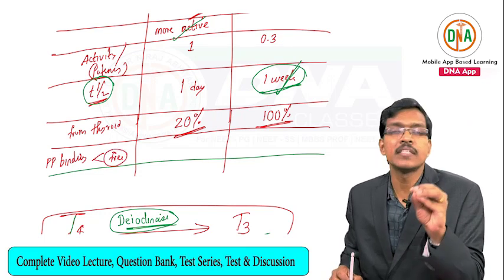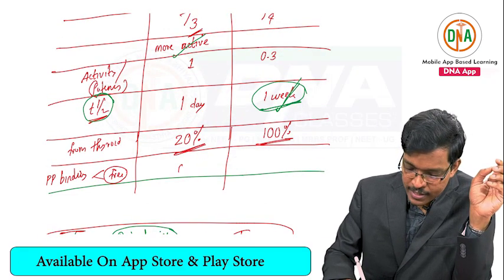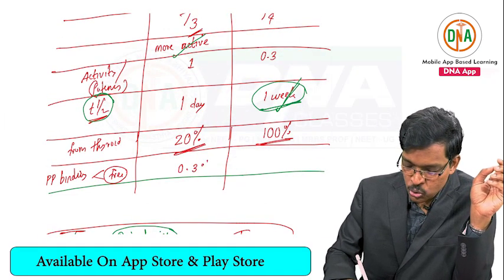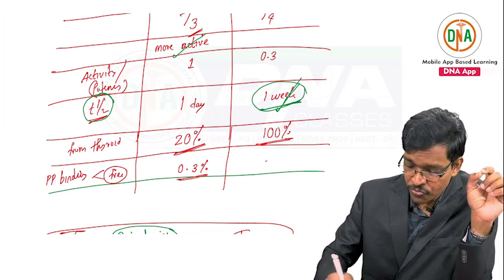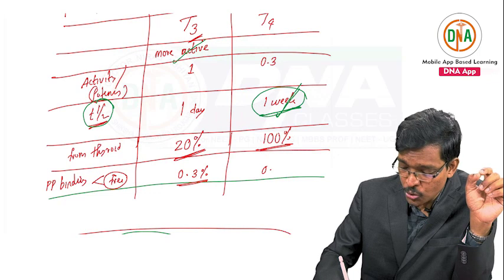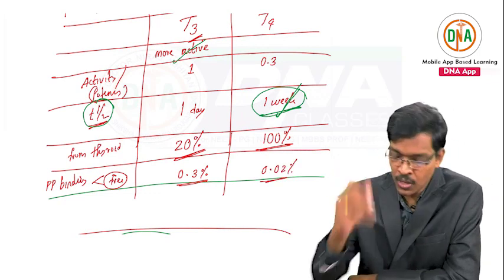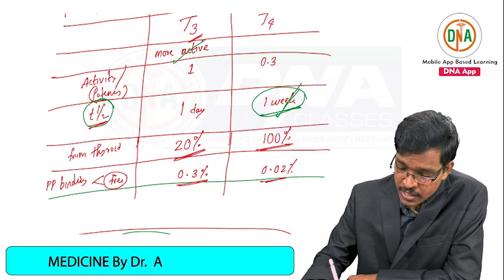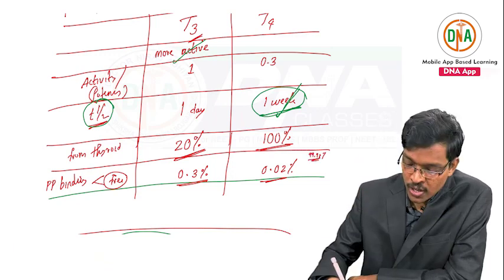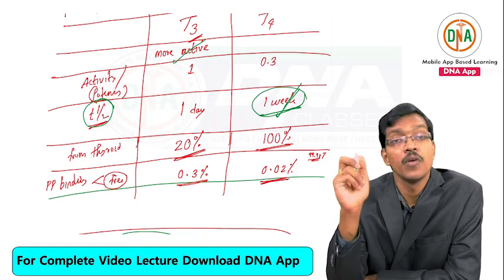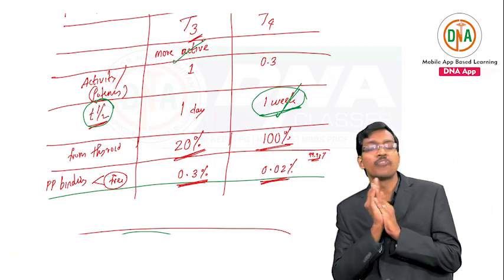If you take the percentage of free hormone, for T3, 0.2 to 0.3% is in the free form, whereas for T4 only around 0.02% is free. Around 99.98% of T4 is in bound form.